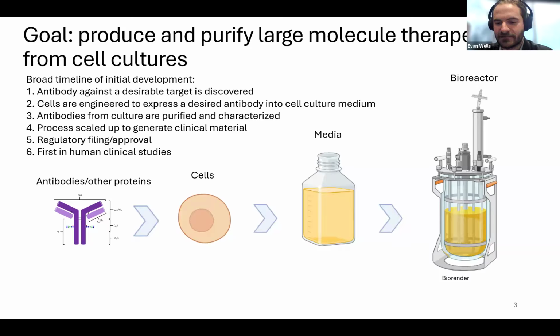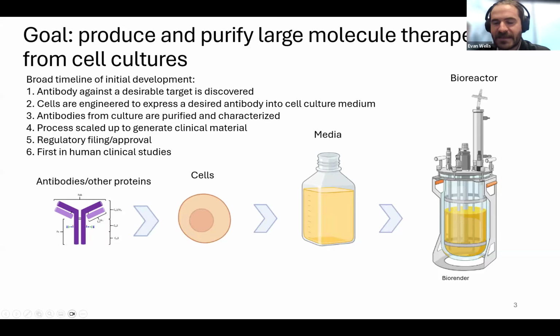So, if a lung cancer cell produces a lot of type A protein, we might want to make an antibody against that type A protein that could be effective without killing other cells in the body. So that's the goal here. We start with one of these desirable targets, generating an antibody for that. Then we make a cell line that can express that antibody. And then we scale it up, we purify it, we make sure it's all nice for patient use. And then we go into regulatory filings and approval.